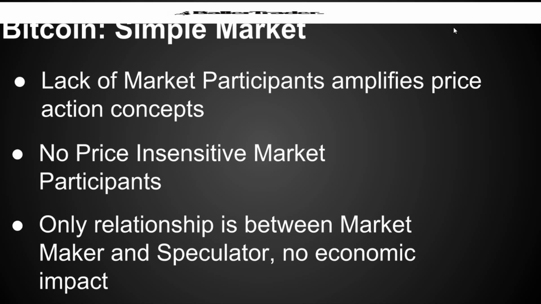There's also a lack of price insensitive market participants. What I mean by that is in all markets, there are going to be hedgers, people that need to do business without the thought of financial gain through their interaction in the market as a motivating factor.